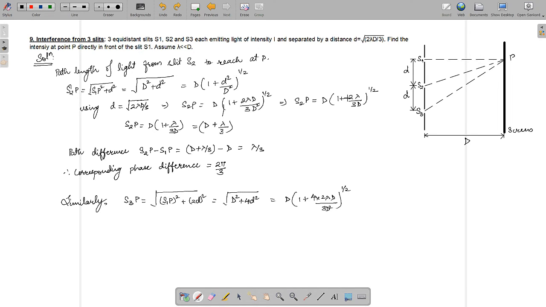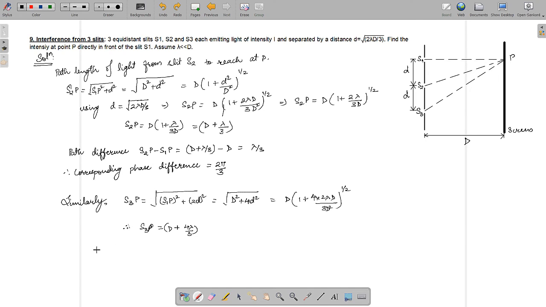As before, this is D into 1 plus 4d squared by D squared, so S3P will come out to be D plus 4 lambda by 3.